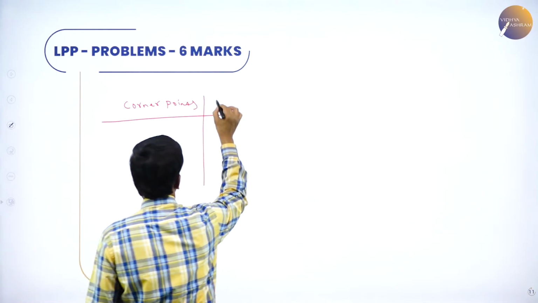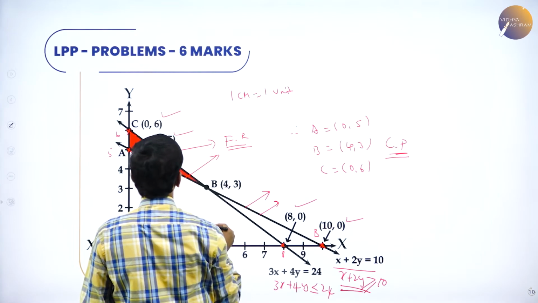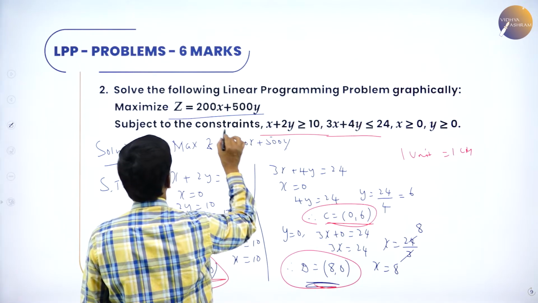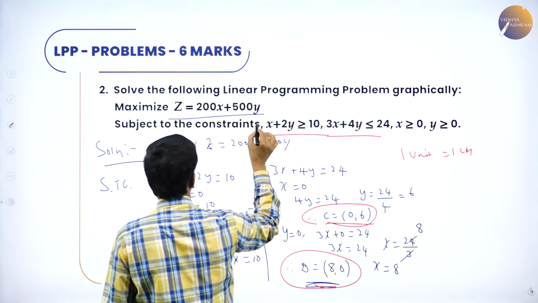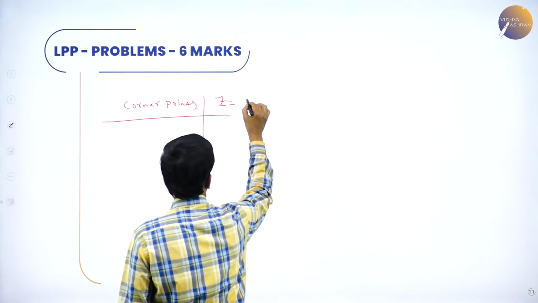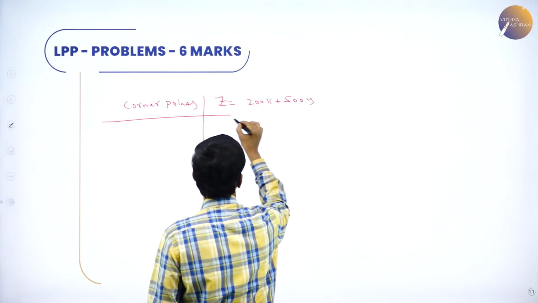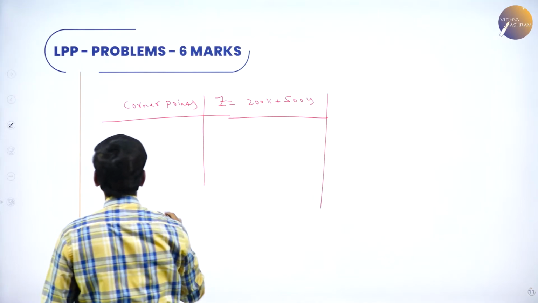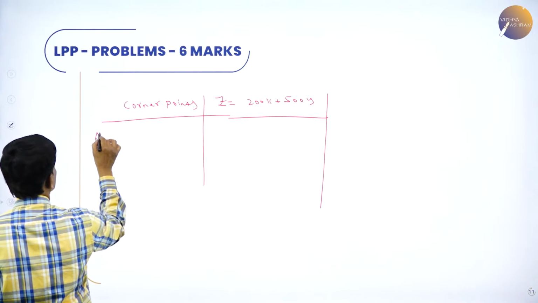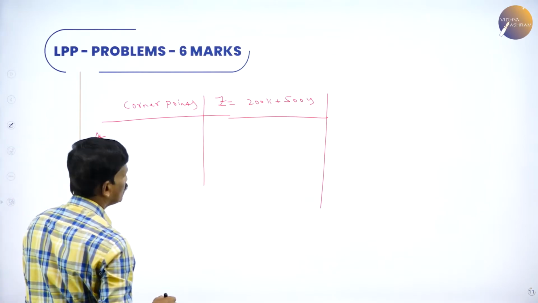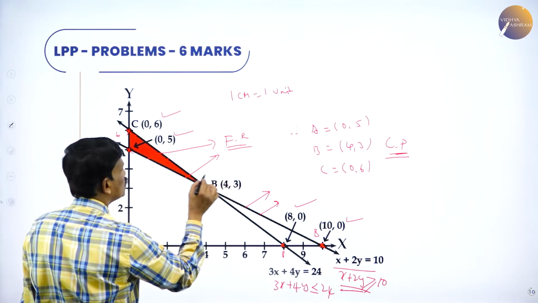The corner points, and the objective function is what is given? Z is equal to 200x plus 500y. Now, what are the corner points?